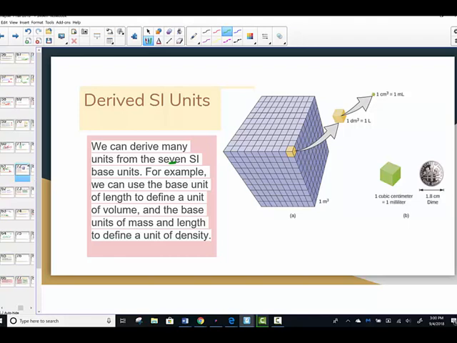Let's talk about that. Here's a cube, and we know a cube has all sides equal. So we have 1, 2, 3, 4, 5, 6, 7, 8, 9, 10 squares in any direction. They're all the same no matter which way we go, a cube. Let's suppose this entire blue is a meter in length, in height, and in width, 1 meter cubed.